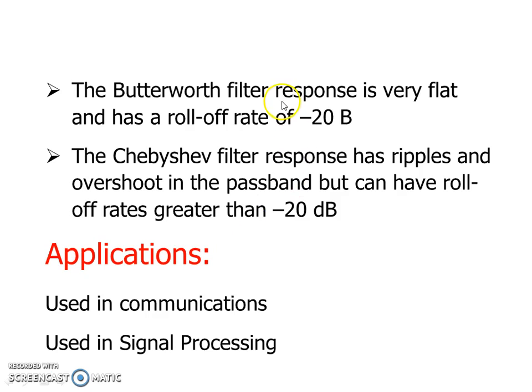Here they have represented that the Butterworth filter response is very flat and the roll off rate is minus 20 dB. Next, a Chebyshev filter response has ripples and overshoot in the pass band, but can have roll off rates greater than minus 20 dB also.